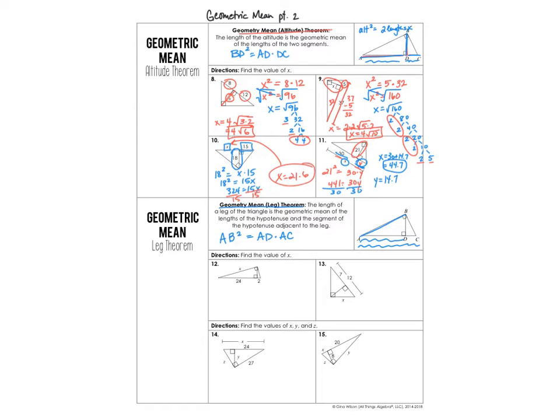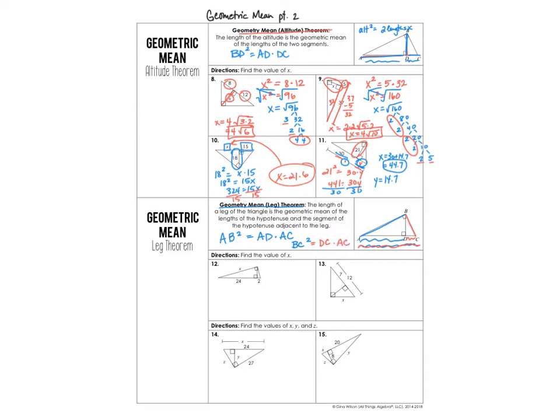Okay, this also means that BC squared, so if we're doing the other leg, BC squared equals DC, so this one, times the other piece, so the long piece, AC.